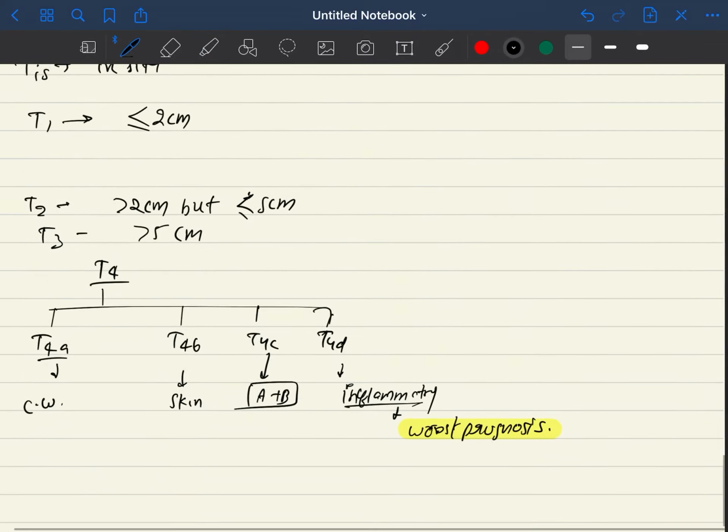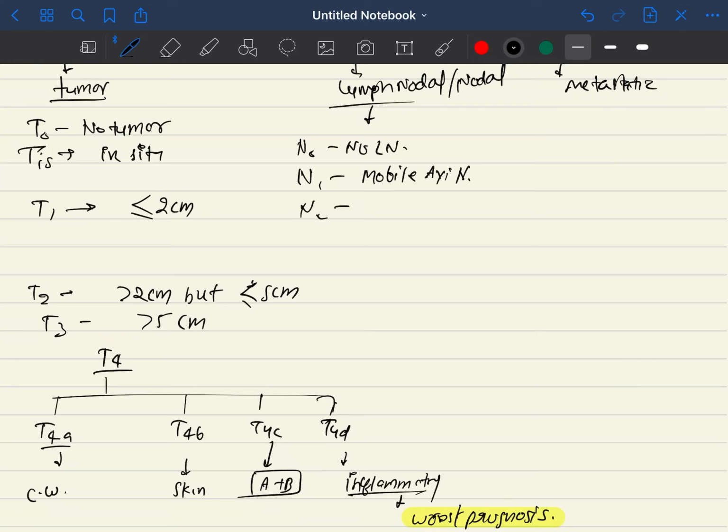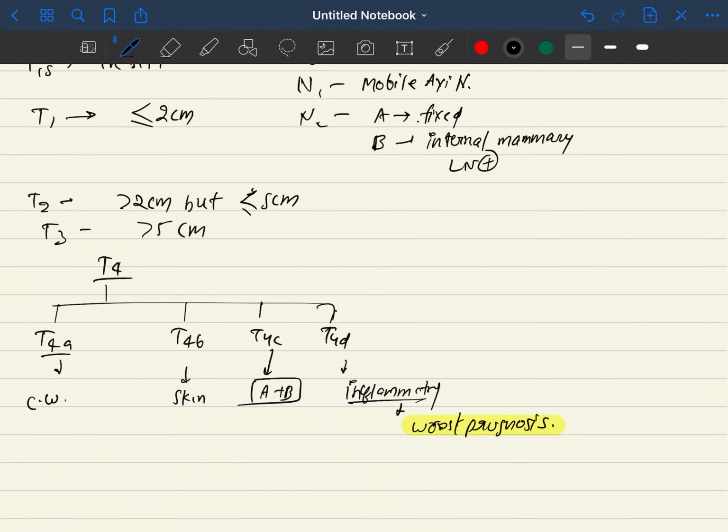For N staging, as you already know, N0 is no lymph node involvement, N1 is only mobile axillary node involvement, N2 type a and type b. Type a if the lymph node is fixed, type b if the internal mammary lymph node is positive. N3 is divided into 3 parts, a, b and c.